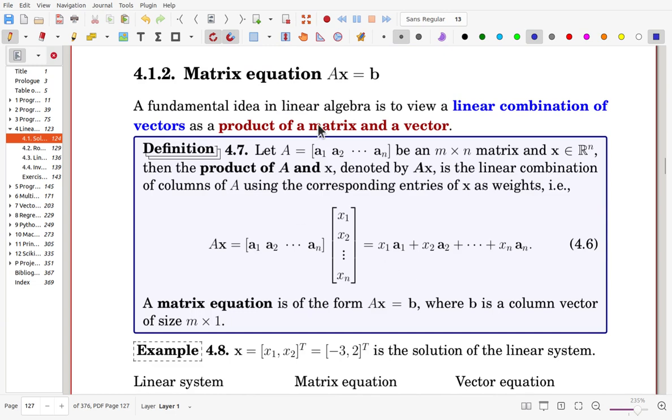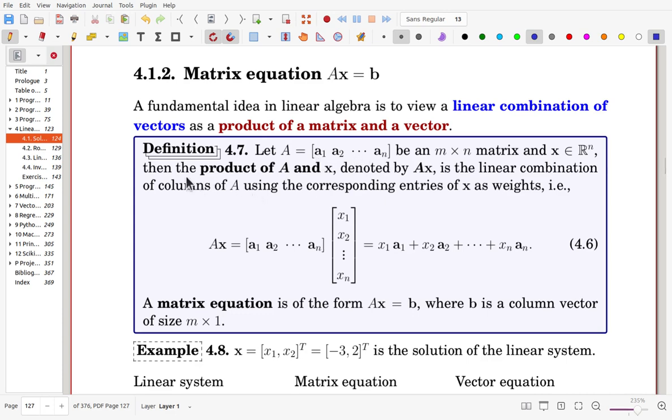Okay, and the matrix equation AX equals B. A fundamental idea in linear algebra is to view a linear combination of vectors as a product of a matrix and a vector. Okay, here A is an m by n matrix having n columns, a1 to an.